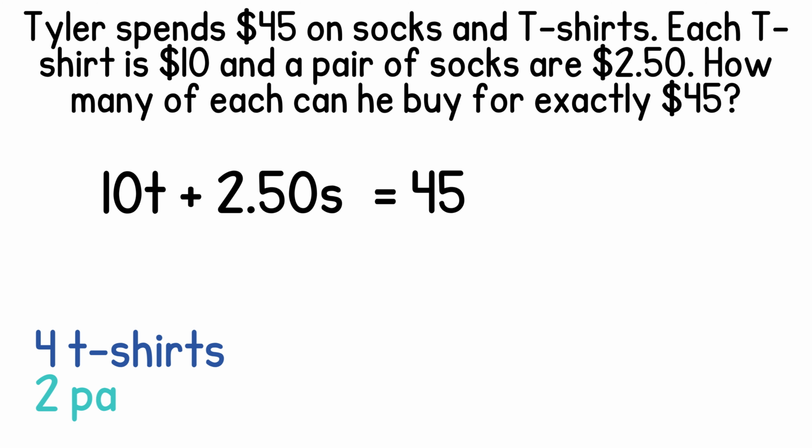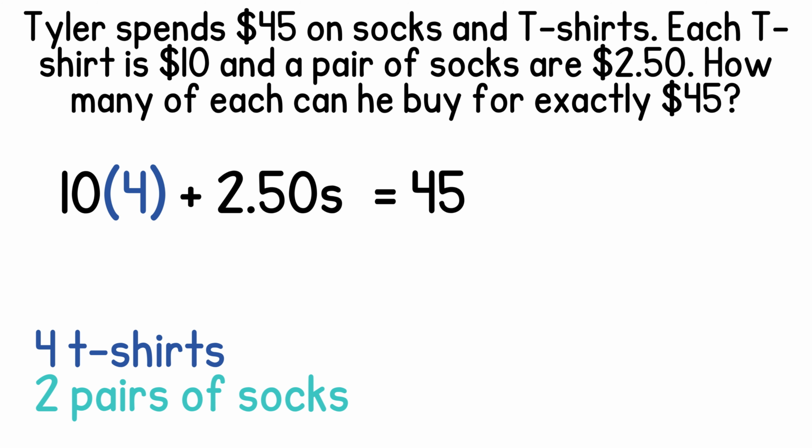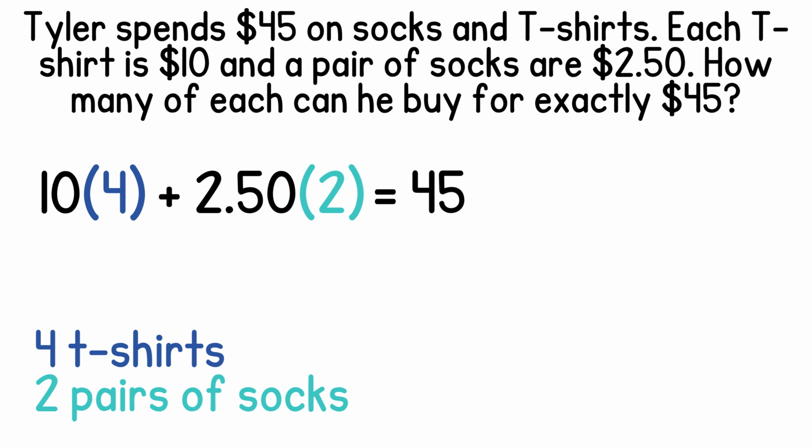Another solution that would work is 4 t-shirts and 2 pairs of socks. Because if we replace t with 4 and s with 2, we'll get 40 plus 5, which gives us exactly 45. So when we have an equation in two variables, there will be more than just one answer that will work. We'll have an infinite number of pairs that will work for our situation.